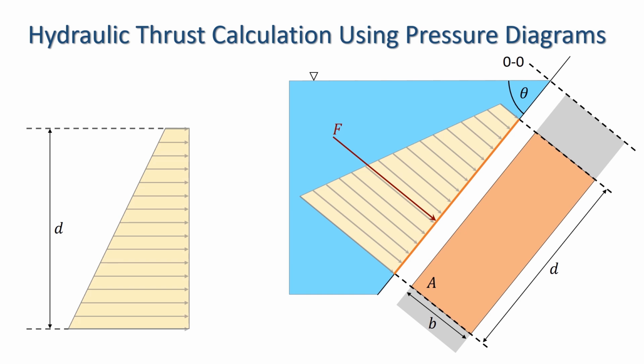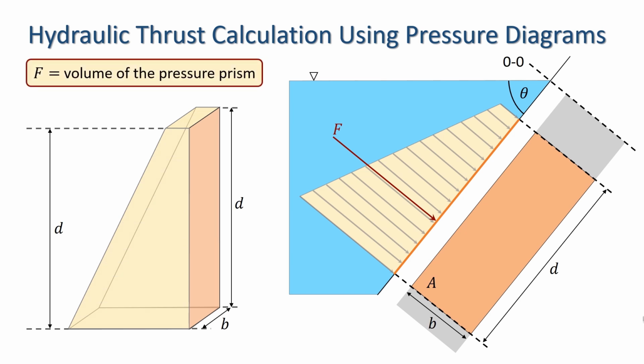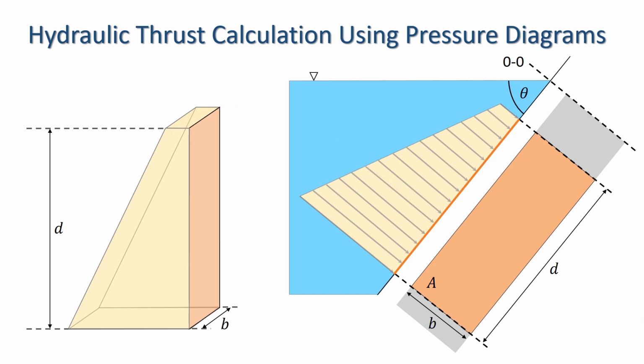Then we generate a pressure prism from that pressure diagram, and we know that the magnitude of the thrust, F, equals the volume of the pressure prism. Next, we find the centre of gravity, Gp, of the pressure prism, and we make an orthogonal projection from Gp to a point on the plane surface. That point is the point of application of the hydraulic thrust, or centre of pressure.